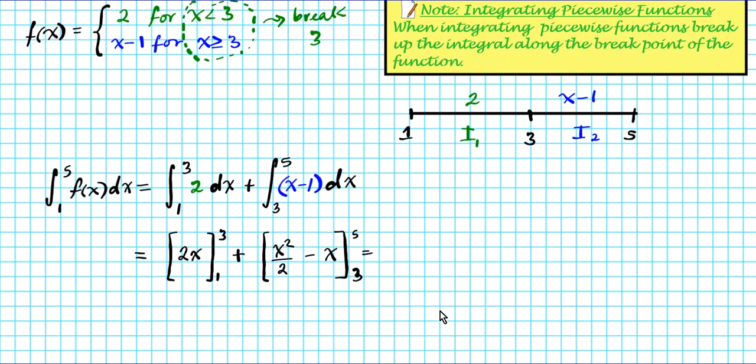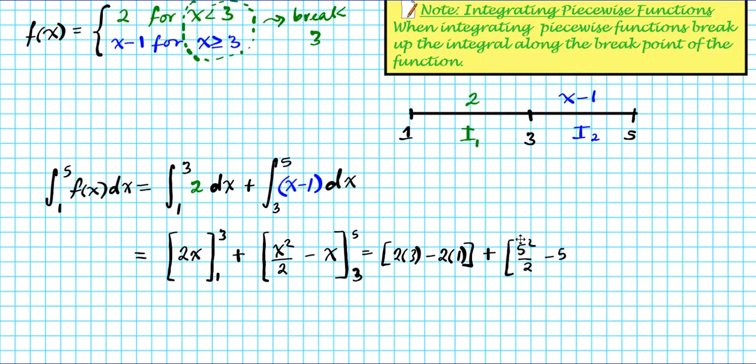Now let's do the first one. For the first one, we just plug in 3. So we have 2 times 3 minus plug in 1, 2 times 1. Or you could factor out a 2 and then just plug in 3 minus 1, same thing. Plus over here we plug in 5 first, of course. So we have 5 squared over 2 minus 5.